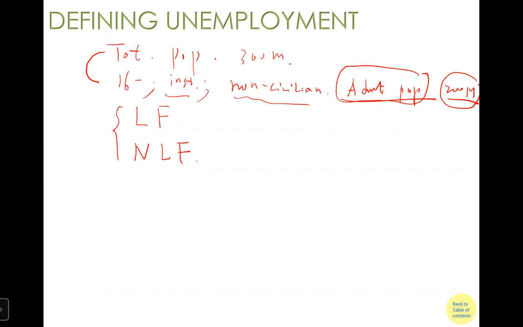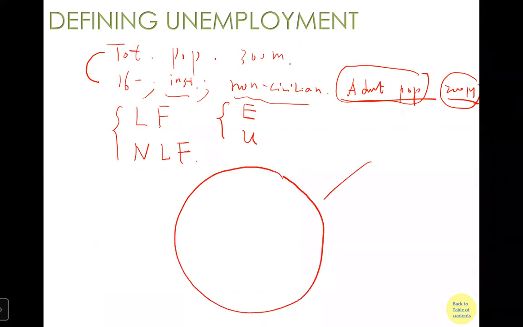The labor force includes those people who are employed and those who are unemployed. It's probably better to use a pie chart. So this is our adult population, which is a subset of the total population.